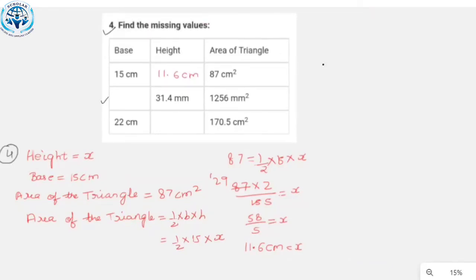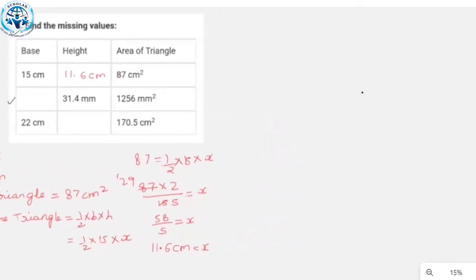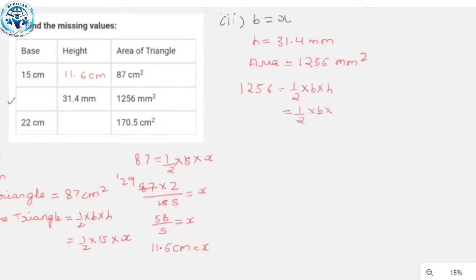We will put the values in the formula and find out the base. The base is 80 millimeter.